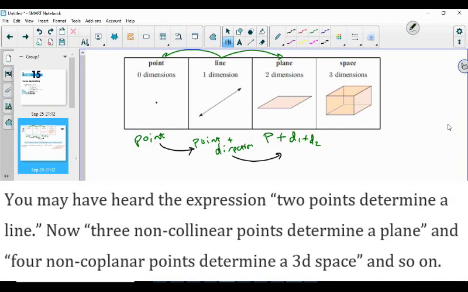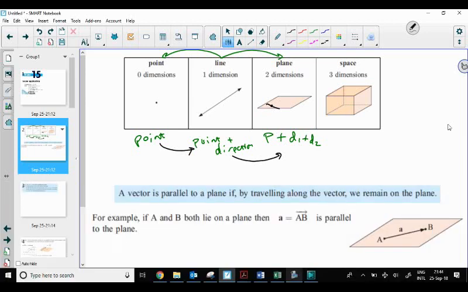And we need 2 of them because within a single plane, even if I know a point on the plane, there are still an infinite number of lines going through that point. And if I only chose one of those lines, there would be an infinite number of planes slicing through that line and going through that point.